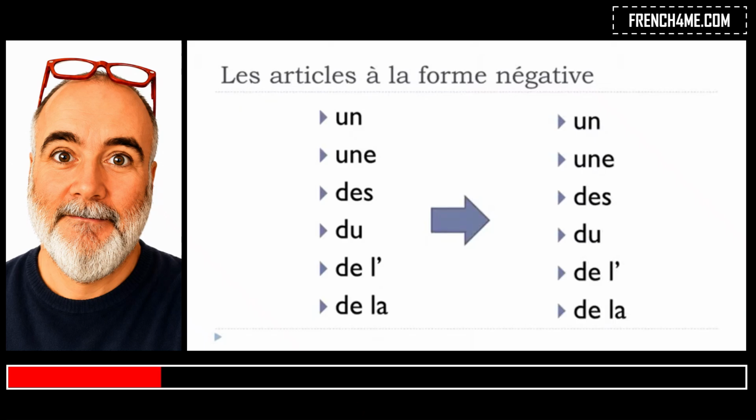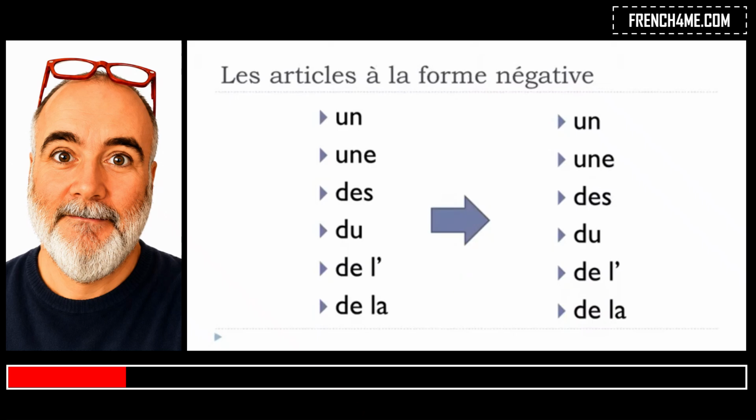Okay, so that's the main rule that you've got to keep in mind with these articles. So indéfini or the partitive. If you use them in normal structures, then they will change and they will become de or d' apostrophe as we saw previously. But if you use these articles or the partitive with c'est, in that case, they don't change when you put them in the negative form.